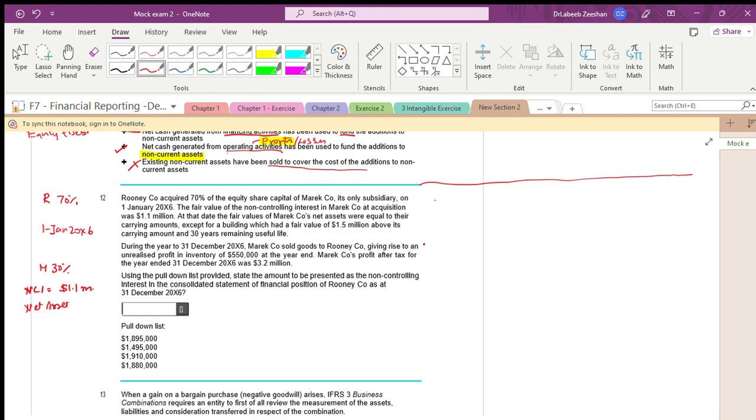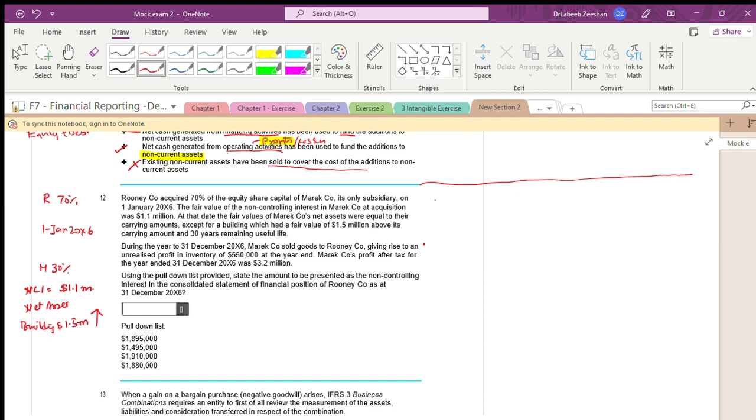Only the buildings are 1.5 million more. That is the acquisition date, 1st January 2006. Dates are very important.